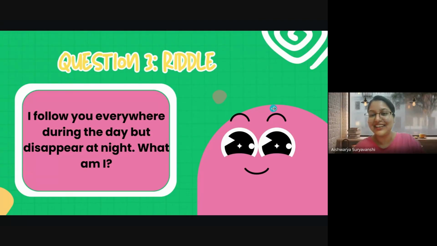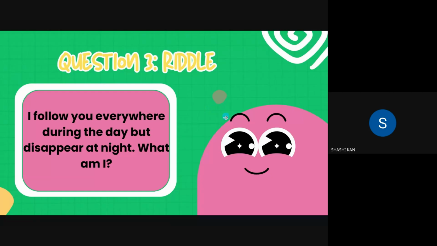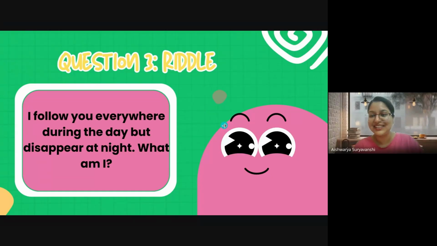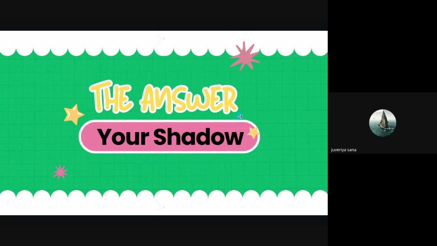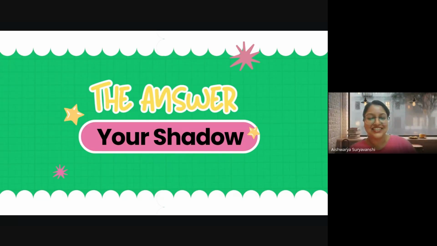She is replying to all of the questions the fastest. Okay, we have shadow and sun. Shadow only. Okay, let's see if Sashi ma'am's answer is correct. And the correct answer is, you are right, ma'am, it is shadow. Yes. Okay, let's go to the next question.